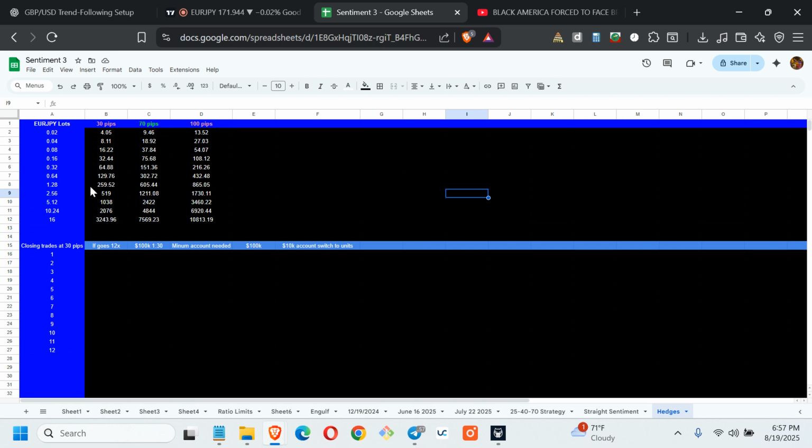So with me closing it, I'm able to go all the way to 12 times, which this one can't double because my max lot size for my leverage on 100 grand is 130. I'm maxed at something like 16, 17.